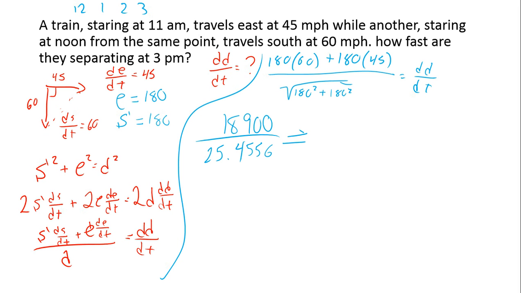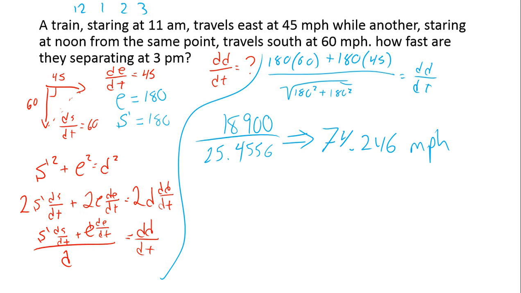And that gets us about 74.246 as our dD over dt. Okay, and this is our speed in miles per hour at which the trains are separating. So every hour at that moment, they're actually gaining 73.246 miles per hour. Okay, at that moment.